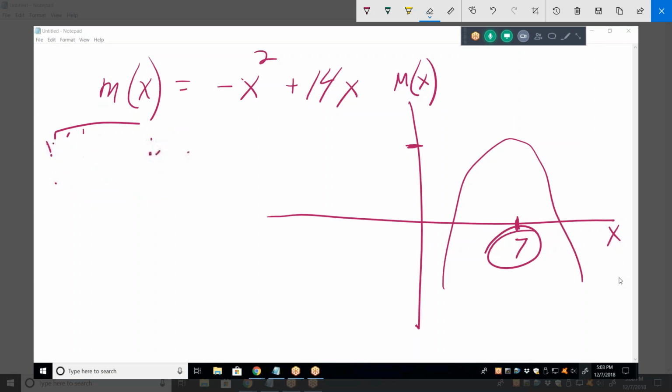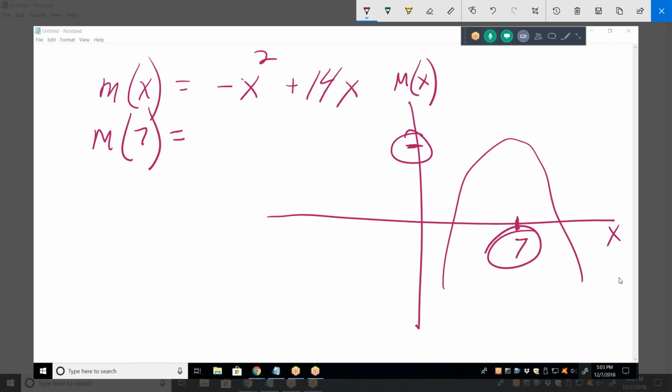In other words, I want to know what this value is when x is 7. So I want to know m of 7. What do you do? I don't know.